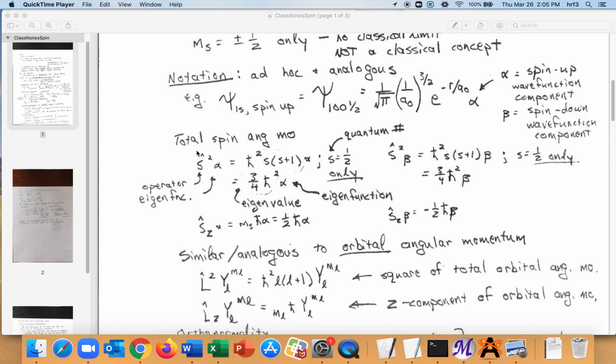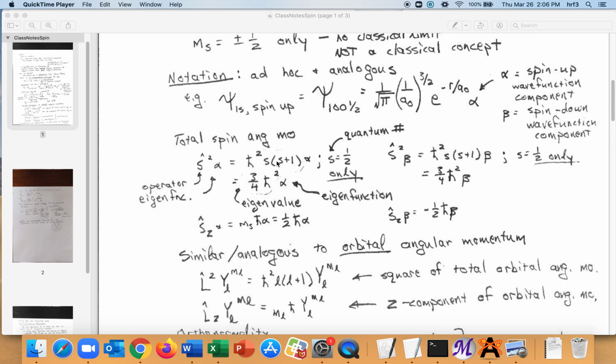So then for the total spin angular momentum, this is going to look exactly analogous to the total orbital angular momentum. So instead of capital L squared operating on our spherical harmonics to give us h bar squared l times l plus 1, we're going to do the exact same thing except capital S squared operating on our spin eigenfunction. So that's our operator and eigenfunction. The eigenvalue is h bar squared, and this is analogous to down here.